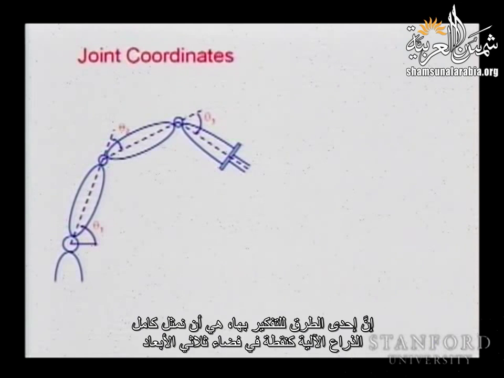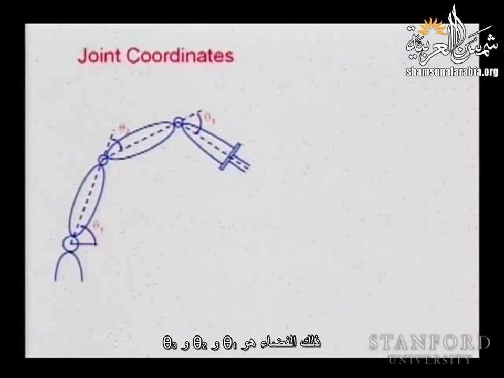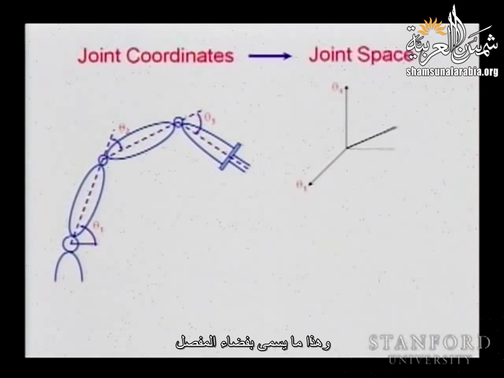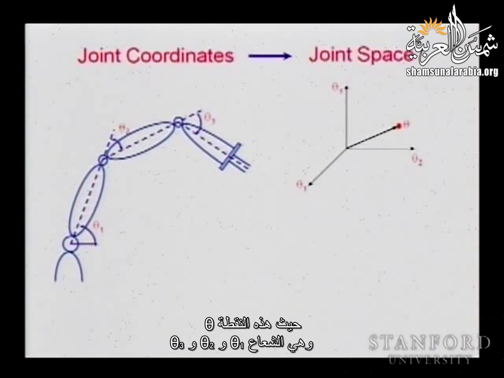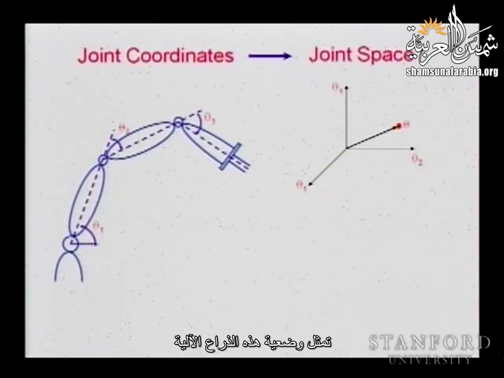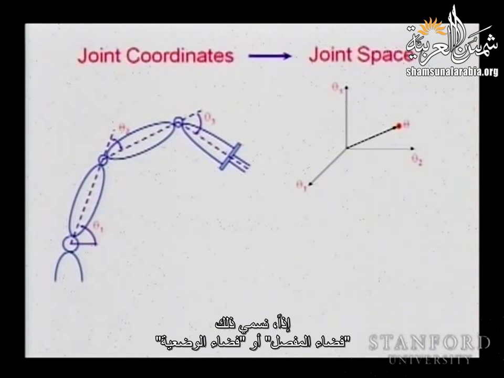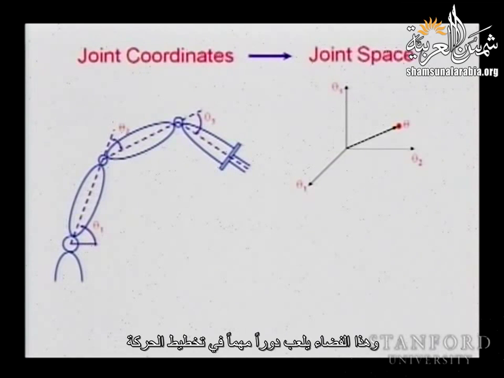So one way to think about it is to represent this whole manipulator as a point in a 3-dimensional space, and that space is theta 1, theta 2, theta 3. And that would be the joint space, where this point, theta, which is the vector theta 1, theta 2, theta 3, represents the configuration of this manipulator. So we call this the joint space or the configuration space. And this space plays a very important role in motion planning.